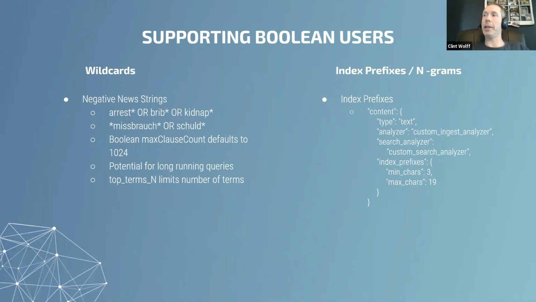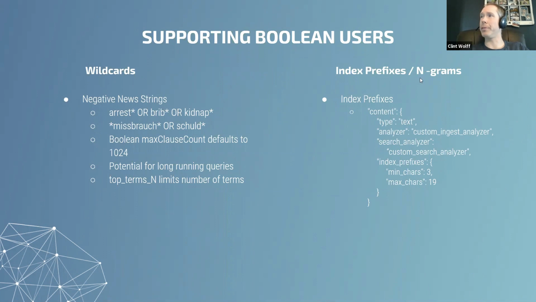It's going to automatically look in that index prefix field that I've created by using this configuration, and it's going to match on that. So now instead of having to expand to 1,024 terms and missing terms, it's going to match on a single term, right? Because I have all the different prefixes indexed. So I'm no longer missing documents, no longer running queries, works very fast.